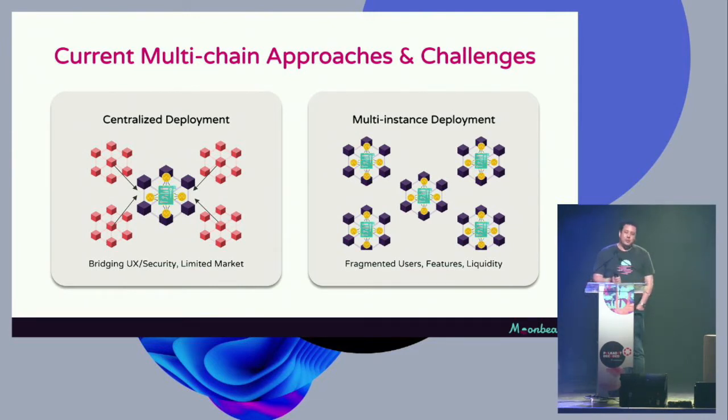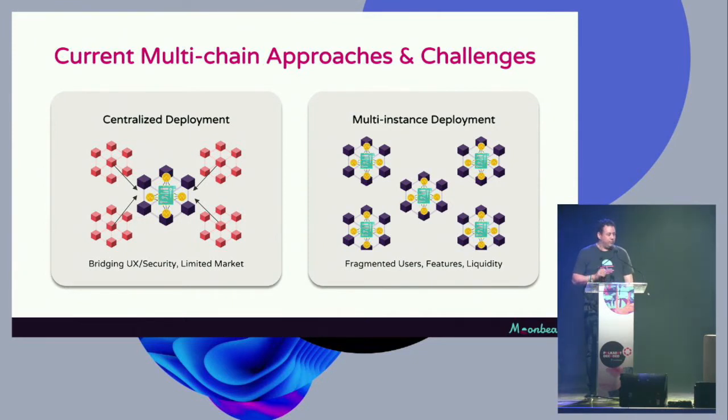Now, the challenge with this multi-instance approach is that I would summarize it as fragmentation. You have these independent deployments on each of these 16 or 17 chains, but those deployments don't know about each other. So you have independent smart contracts that are operating. You have separate markets on each of those chains. You have potentially different users on those chains. And very often the features are not the same on the chains, right?